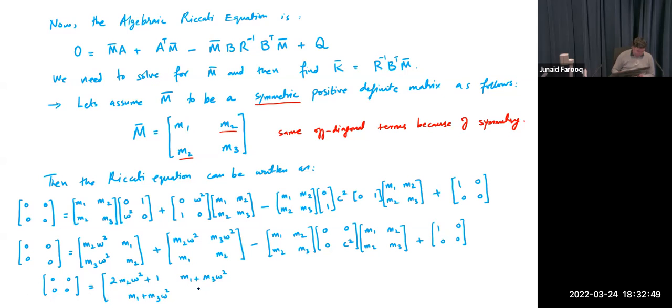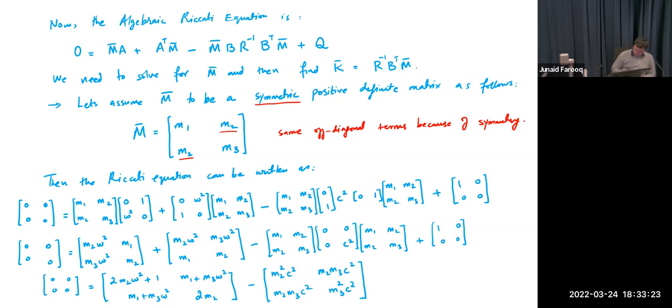The same here, and then 2 M2, minus, if you simplify this, what you will get is M2 squared c squared, M2 M3 c squared, and then the same here. And here we have M3 squared c squared.